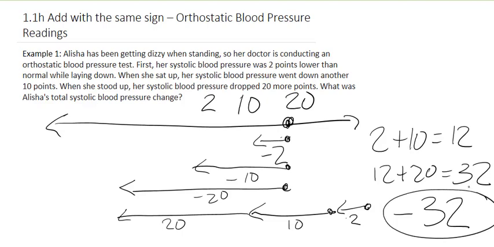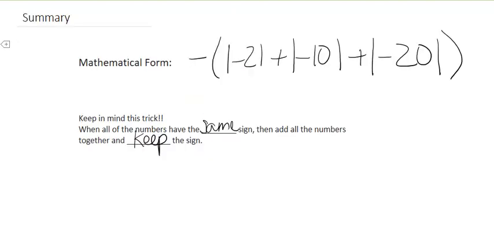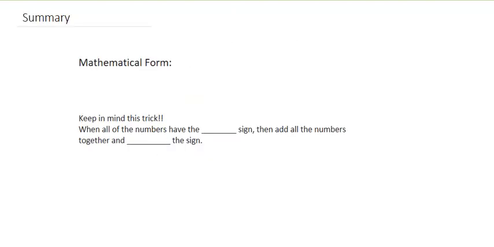Now let's get a little fancy. Let's write this problem down in a mathematical form. We took the absolute value of negative 2, added it to the absolute value of negative 10, and added it to the absolute value of negative 20.